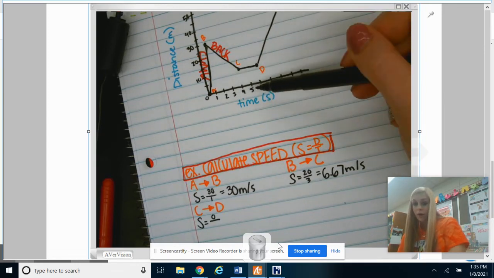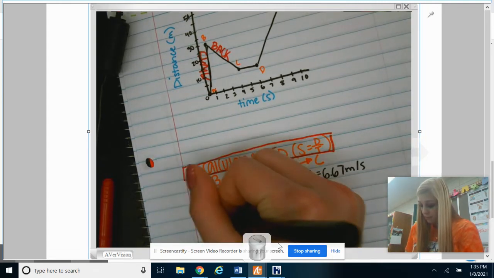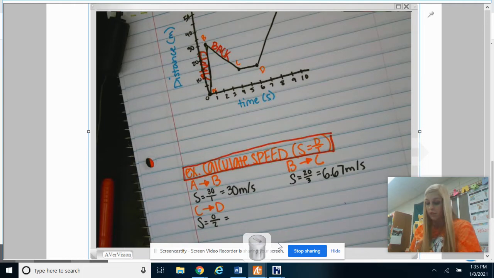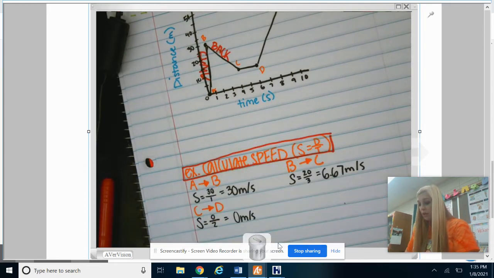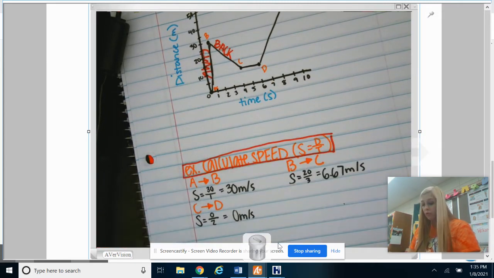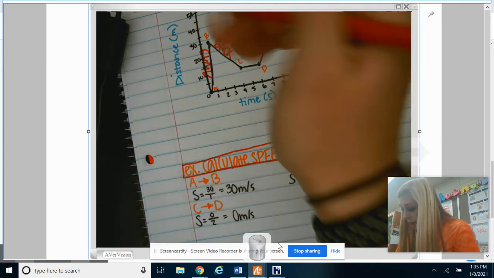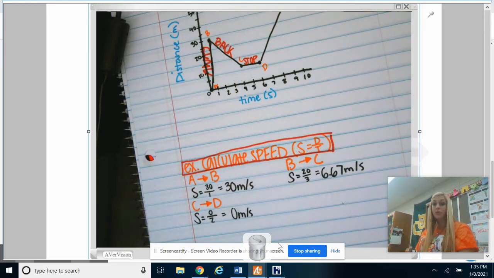It started at 4, it ended at 6. So 2 seconds passed. 0 divided by 2 is still 0 meters per second. So if our distance didn't change, that means we weren't moving. We were stopped, standing still.